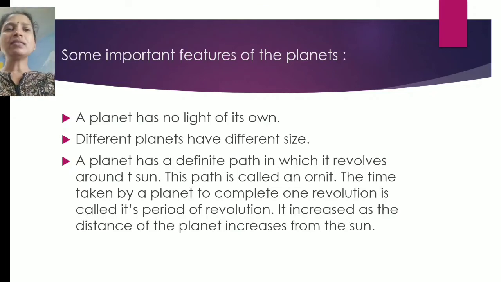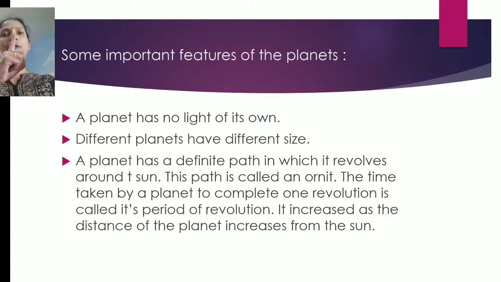A planet has a definite path in which it revolves. Planets have their own fixed path around the sun, which we call an orbit. The time taken by a planet to complete one revolution: suppose this is the sun and the planet is moving.